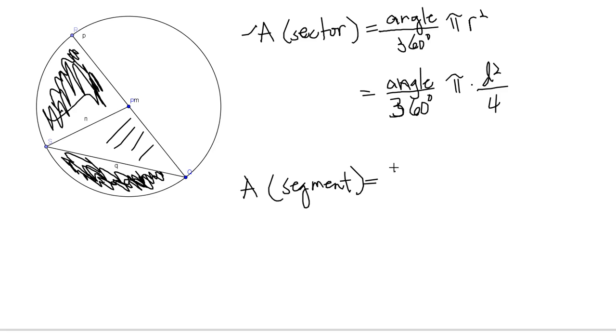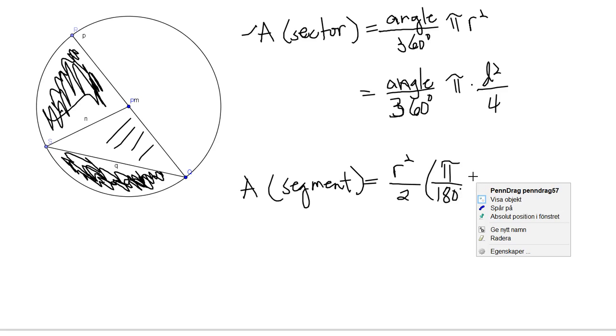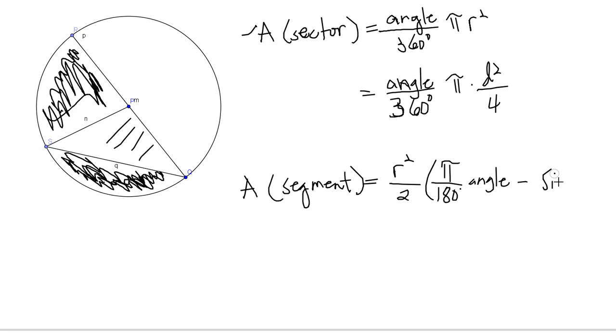You have the radius square divided by 2 multiplied by pi divided by 180 degrees times the central angle, minus sine of the central angle.